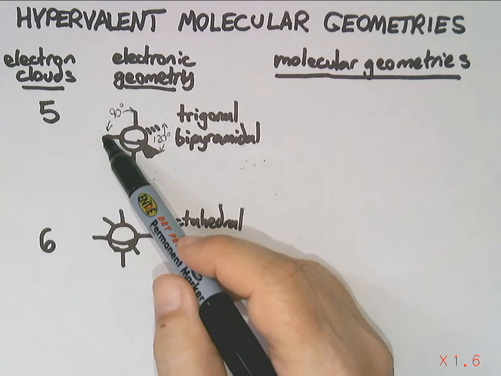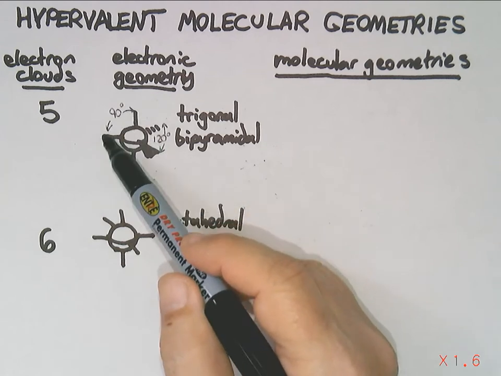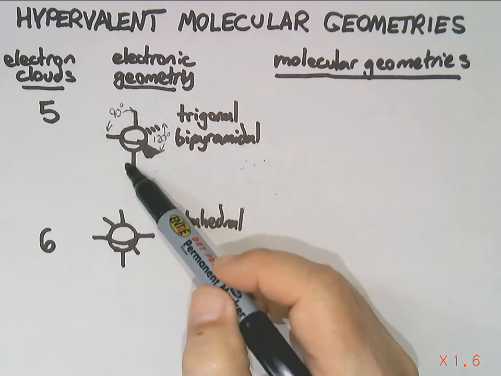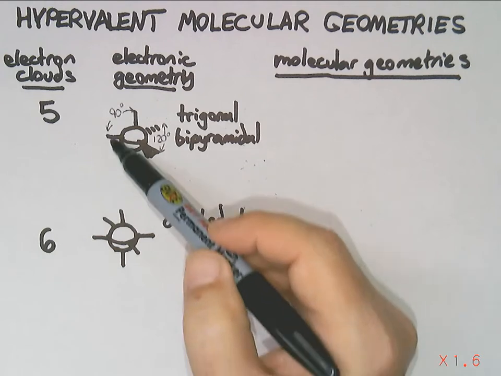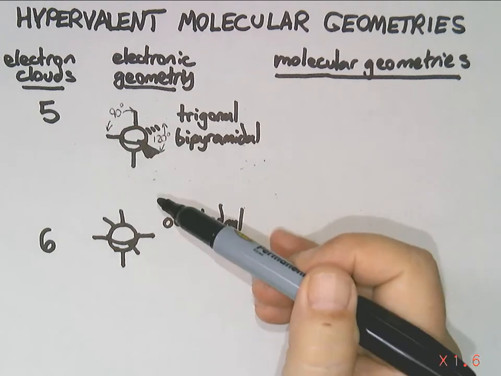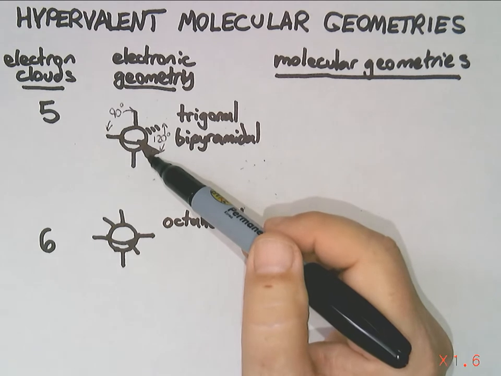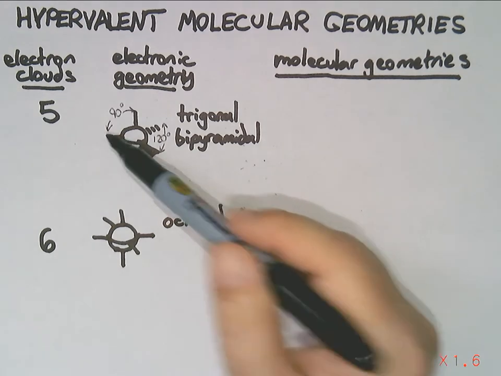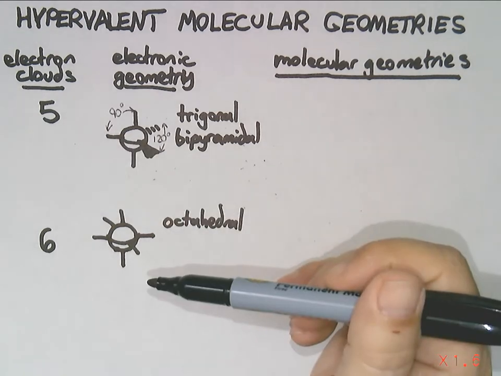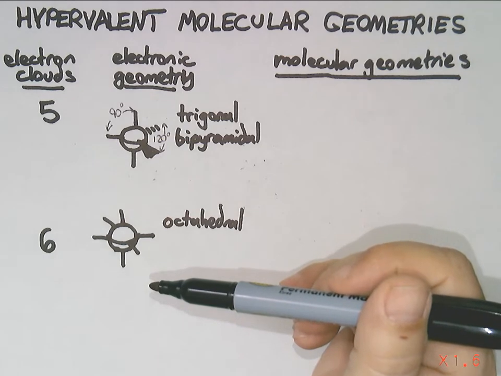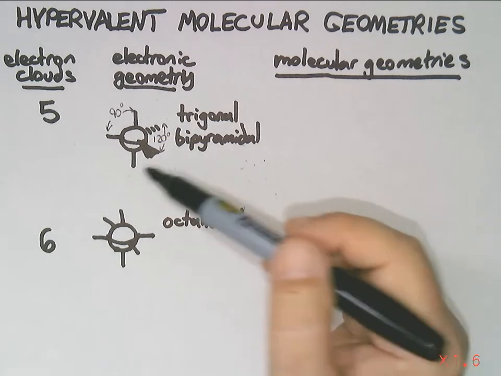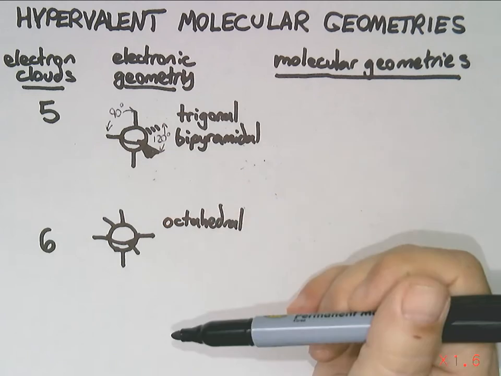And if you look at the equatorial position, it's 90 degrees away from only 2 positions. There are also two 120 degree interactions, but the 120 degree interactions are weaker.